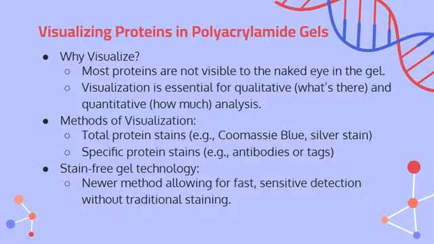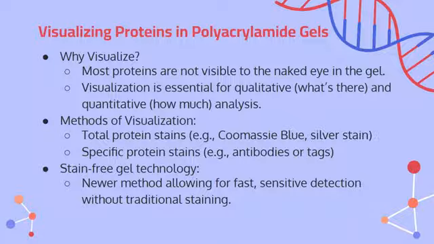So, why do we want to see these proteins on these gels? Why visualize them? Most proteins are not visible to the naked eye, right? In the gel. So we go through and we visualize. Visualization is essential for qualitative, what's there, and quantitative, how much is there, analysis. So we can have different methods for visualizing proteins once they've been on this gel.